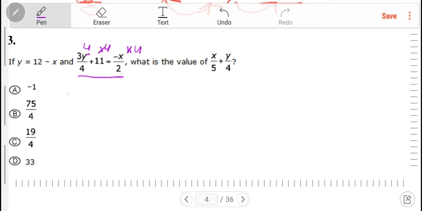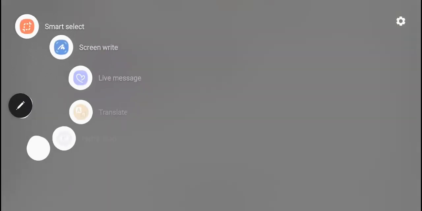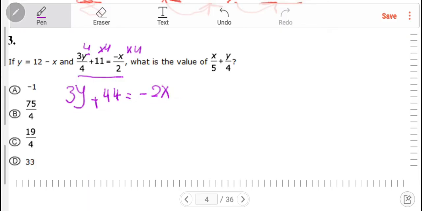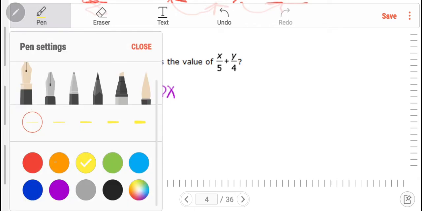4 over 4 was 1, 3y plus 4 times 11 is 44 equals 4 over 2 is 2, negative 2x. So we wrote it in another way, in an integer form instead of rational. We multiply by 4 because 4 is the common denominator between quarter and half. And now I think we have to replace y by 12 minus x.